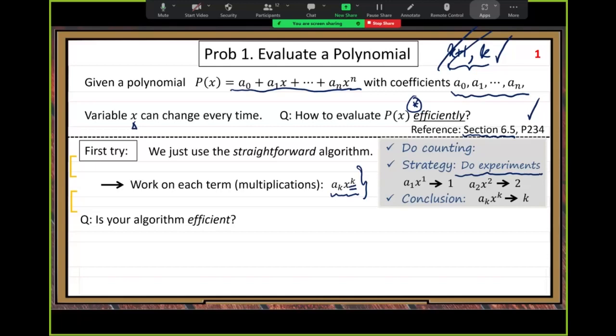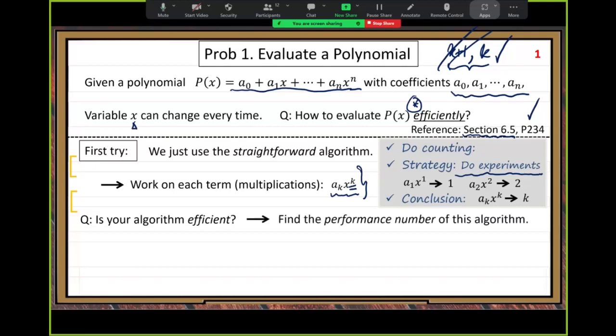If your solution can be improved, then we will try our best to improve it. Here we want to ask this question: can we use fewer than k multiplications to find the value of this term? Now, think about it.